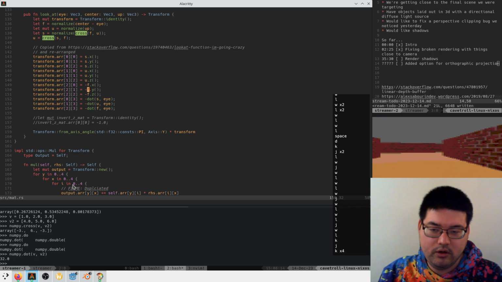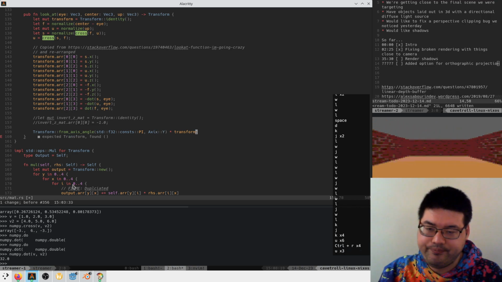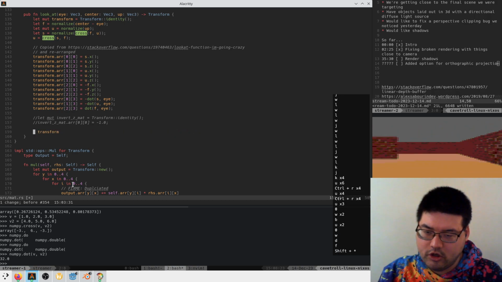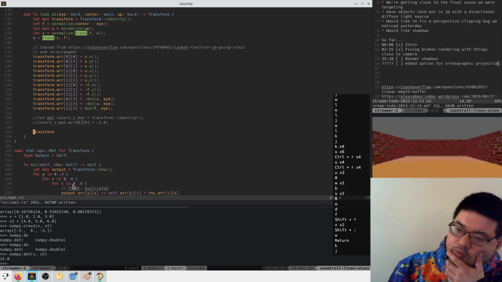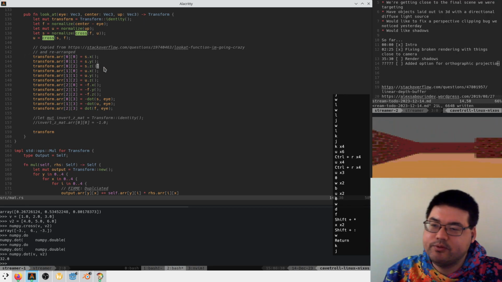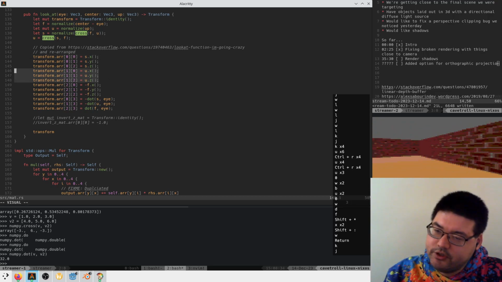Can I undo this a little bit? Oh, should I not be doing this rotation again? So sideways, this seems reasonable. This seems reasonable. This also seems reasonable.